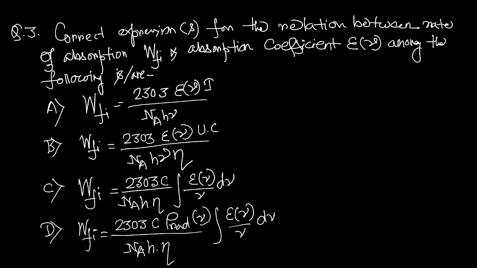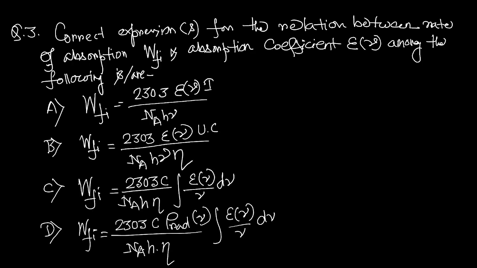Okay, so let's derive that. There is a term that we can see in this question, which is intensity. So let's talk about the intensity, how it's coming. For that, I hope everyone knows what the Lambert-Beer law is.